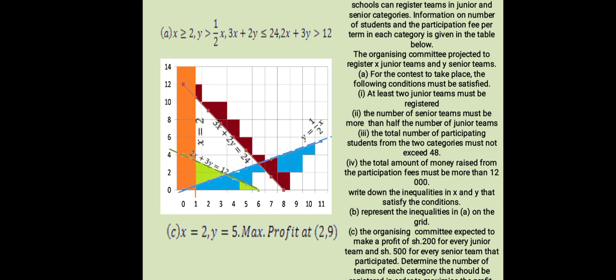For the contest to take place, the following conditions must be satisfied. At least 2 junior teams must be registered. The number of senior teams must be more than half the number of junior teams. The total number of participating students from the 2 categories must not exceed 48.